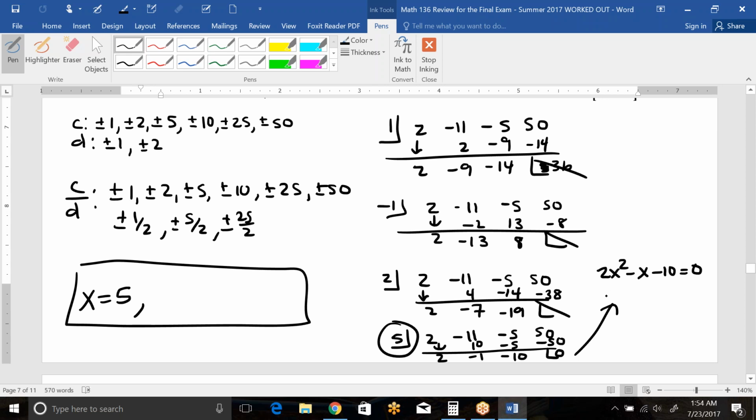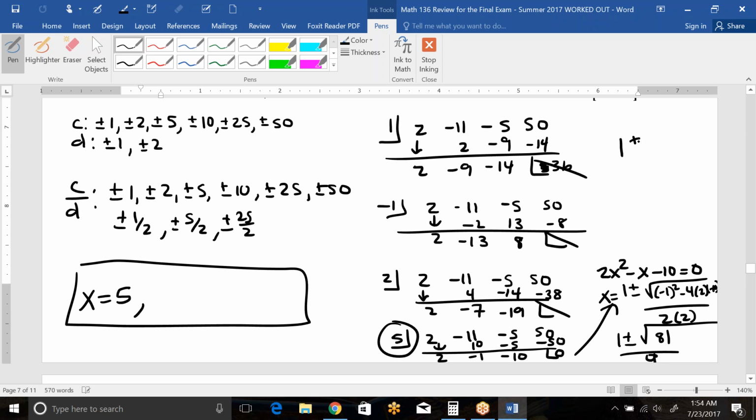If we use the quadratic formula, x equals negative b plus or minus square root b squared minus 4ac all over 2a. That's going to be 1 plus or minus the square root of, let's see, that's positive 80 plus 1, so that's going to be 81. So this is actually working out nice.